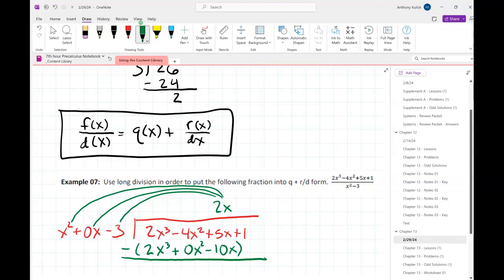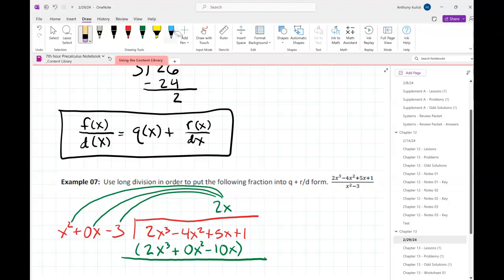The number one mistake that I see students make in this long division process is not distributing their negative sign. So rather than think about this as a minus problem, I want to distribute the negative and make it a plus problem, an addition problem. So that's going to be the first thing I'm going to do.